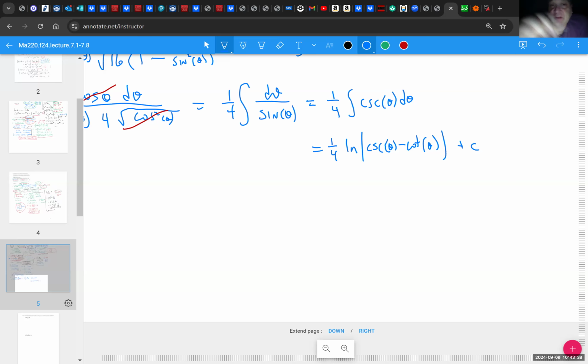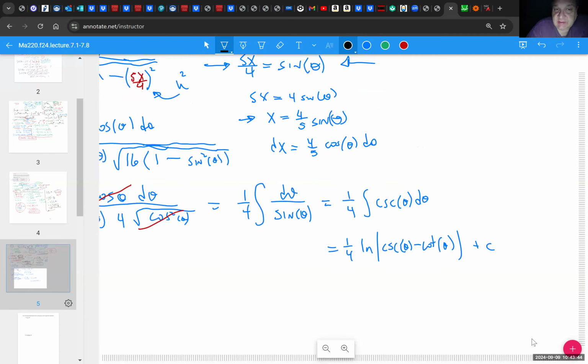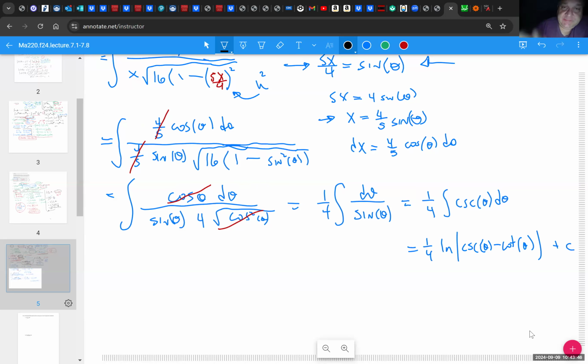All right, last bit of these very long problems is to put everything back in terms of the variable that we started with, which is going to be our x's. To do that, we go to our original substitution: sine theta is equal to 5x over 4. I make my little triangle with central angle theta.